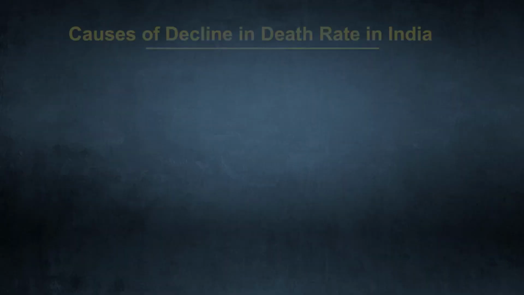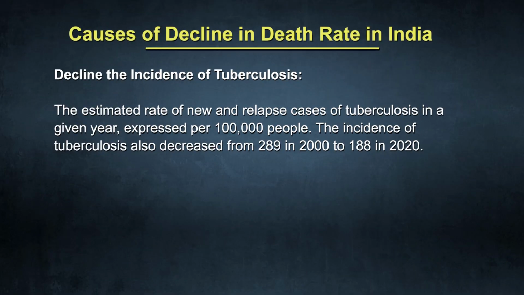Not only that, here we have also presented the incidence of decline of tuberculosis. This is the disease that caused the death of a number of people in our country.